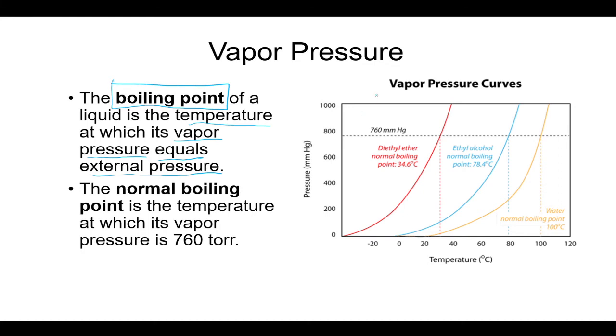Okay, so vapor pressure is really important to establish the concept of a boiling point. The normal boiling point is just sea level pressure. Okay, so normal boiling point is the temperature at which the vapor pressure is equal to atmospheric pressure at sea level.